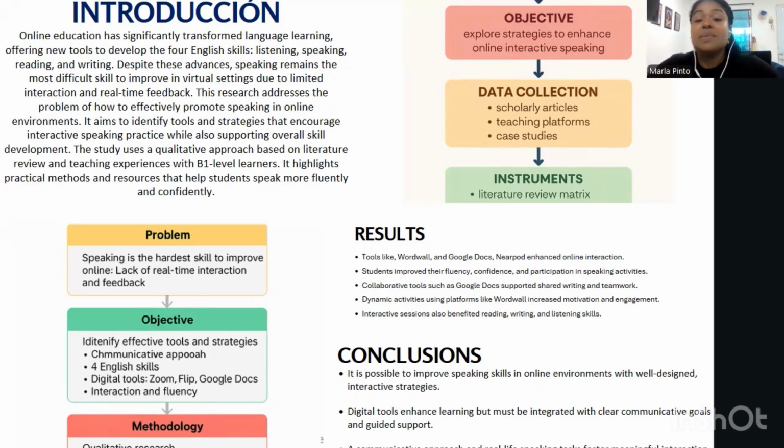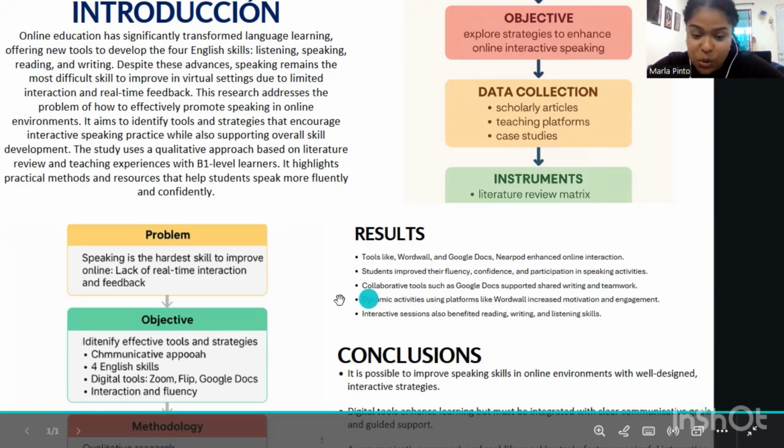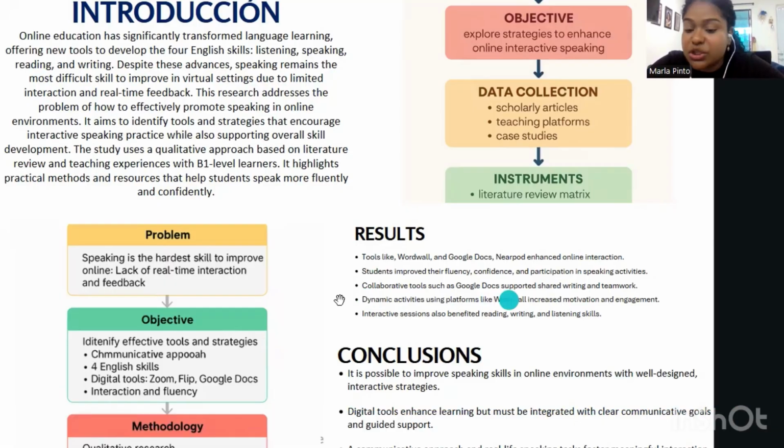Maybe on some occasions they could read their contributions, and that is also a way to improve reading in that context, because sometimes the students could read the contributions from other students, and that was a collaborative tool. Tools such as Google Docs support shared writing and teamwork.